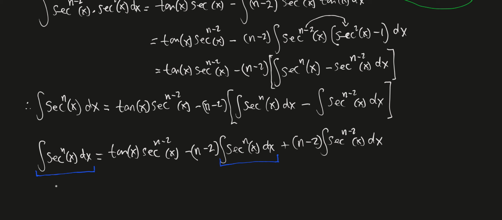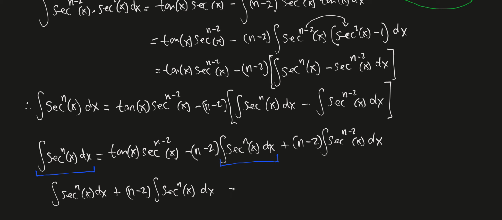So I'm going to, in fact, well, actually, let me do this first. Let's take our secant to the nth power, bring that down, move this across the equal sign, and it becomes plus n minus 2 times the integral of secant to the nth power dx.